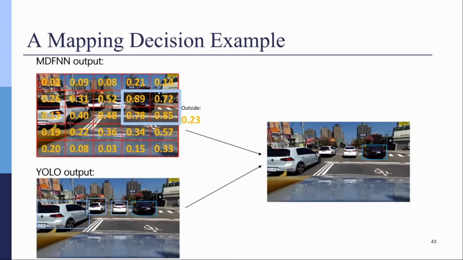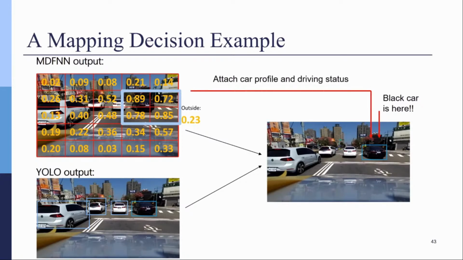Then, in the mapping decision phase, it is responsible for deciding which car in the image is the target vehicle of packet BI. Obviously, there is a large probability that packet BI's owner is the black car. Then we can augment the vehicle information and driving status on the black vehicle.